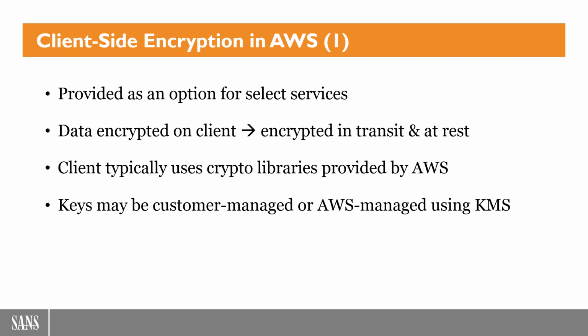Okay, data is encrypted on the client, so naturally you're going to have encryption in transit as well as at rest if you're using client-side encryption. But once again, you're probably using TLS, so the in-transit portion may not be critical to you, but again, it depends on if you're using end-to-end encryption or not. So just something to keep in mind. Client typically uses the crypto libraries provided by AWS, but that's not a requirement.